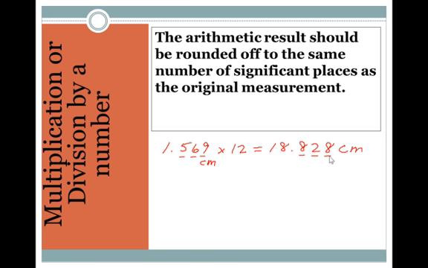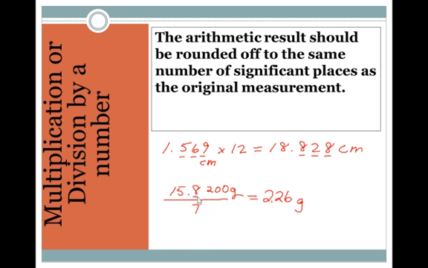Okay, let's look at a different example and do a little bit of division. 15.8200 grams divided by the number 7, okay, equals, okay, and my calculator comes up and displays 2.26 grams. Okay, that's my math answer. Now let me look at my measurement.